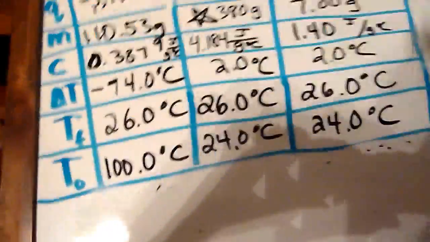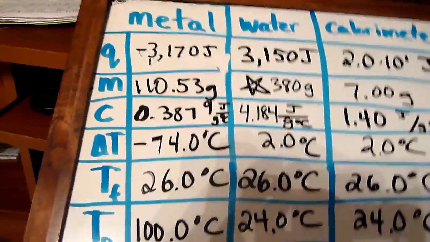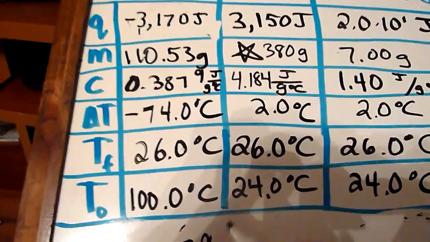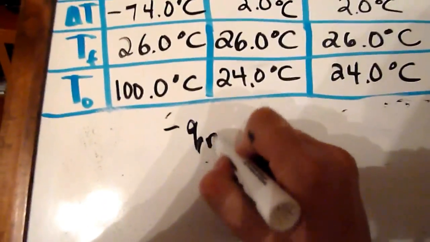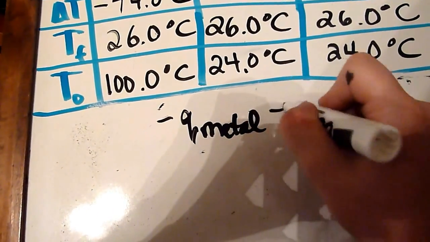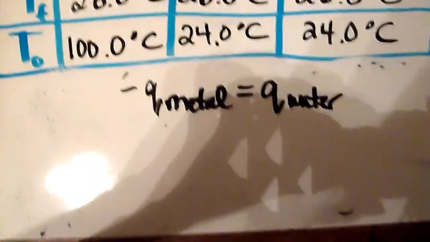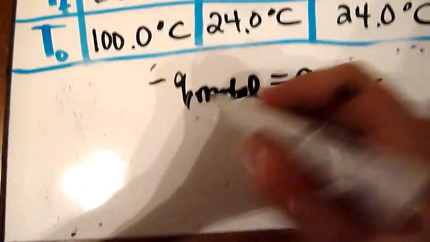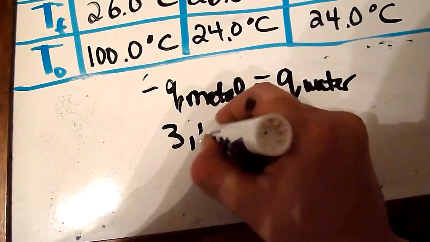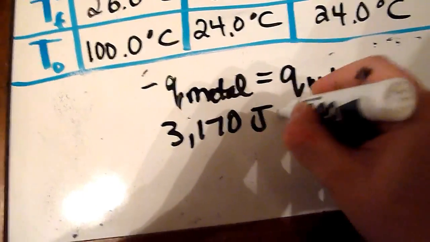So in this case I would just ignore the calorimeter. If I do that, then I would find that the heat lost by the metal can only be equal to the heat gained by the water. In that case, the heat lost by the metal would be 3,170 joules.